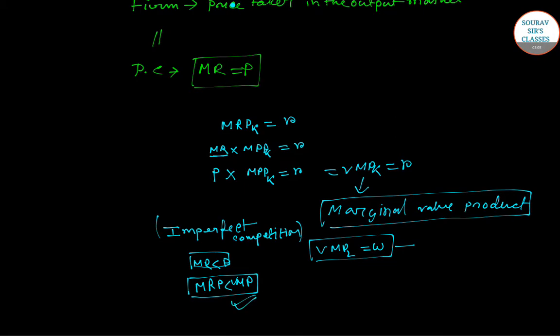Here we'll assume the commodity market is perfect, so it is not necessary to make a distinction between MRP and VMP.